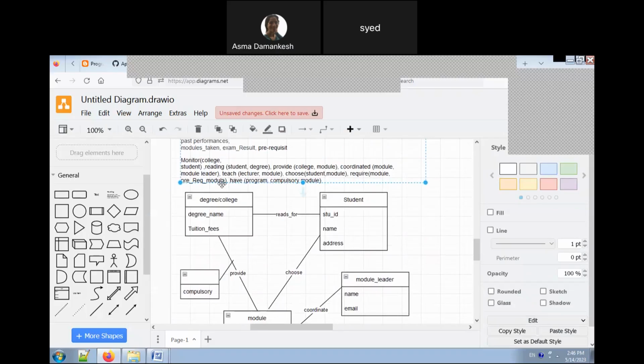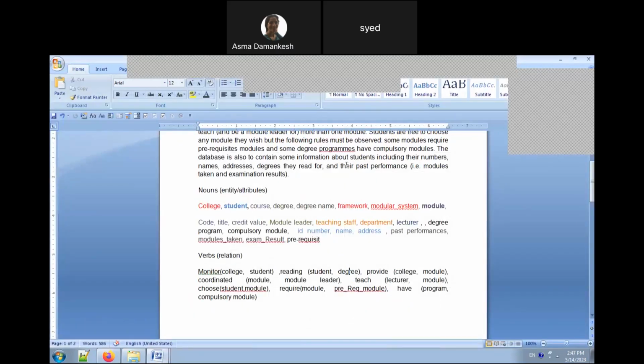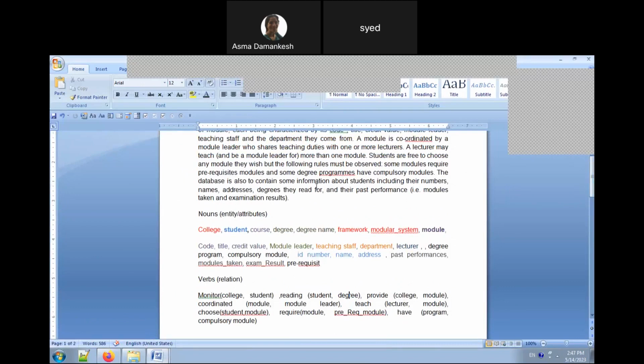How do I get the past performance? Because if I go back to the explanation, it says, okay, regarding the students, we are storing the past performance, isn't it? So we're storing the past performance for the student. Shall I put the past performance like this?